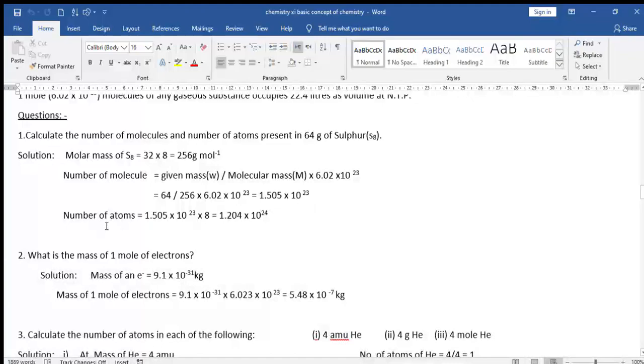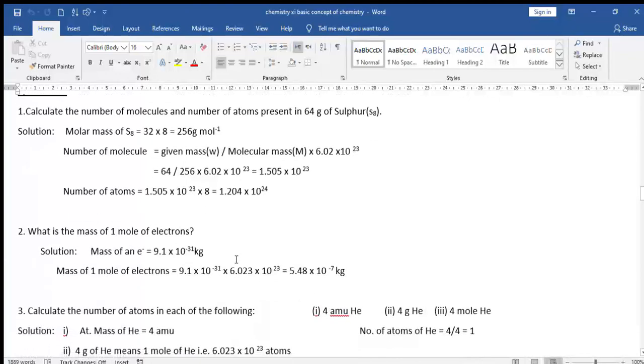Now to calculate the number of atoms, because 1 molecule contains 8 atoms, by multiplying it, we get the answer 1.204 into 10 power 24.